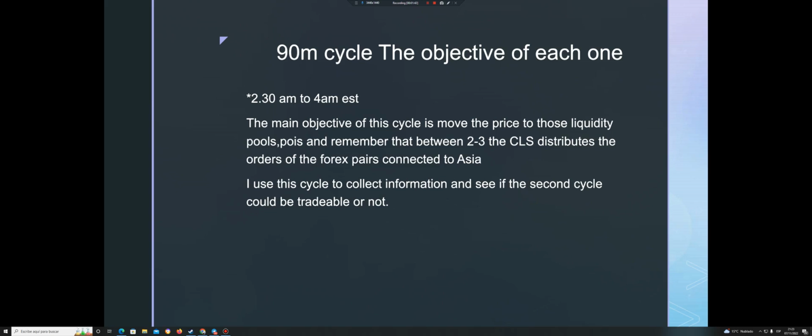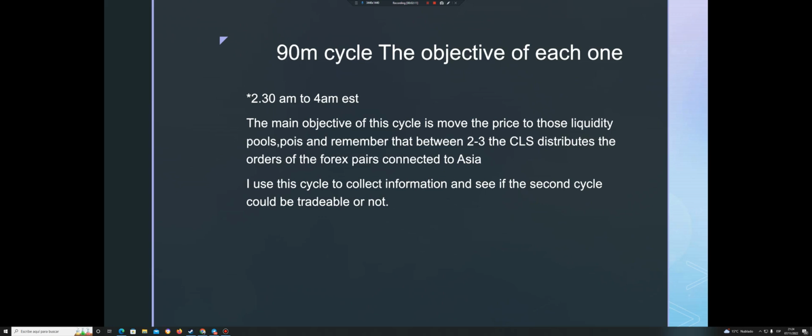When the London session takes Asia high, it has a big probability to create the high of the session, or when London takes the low of Asia, it has a big probability to be the low of the session. That's because between 2:30 and 4 there is not a lot of volatility.